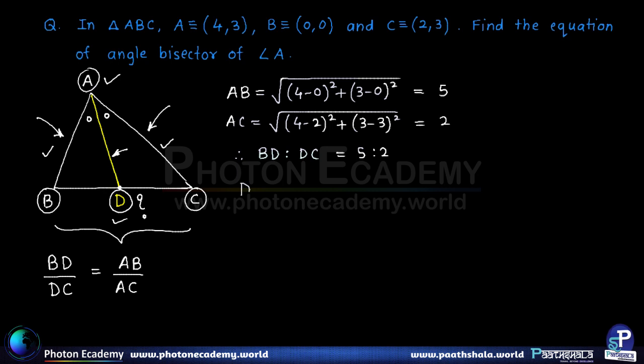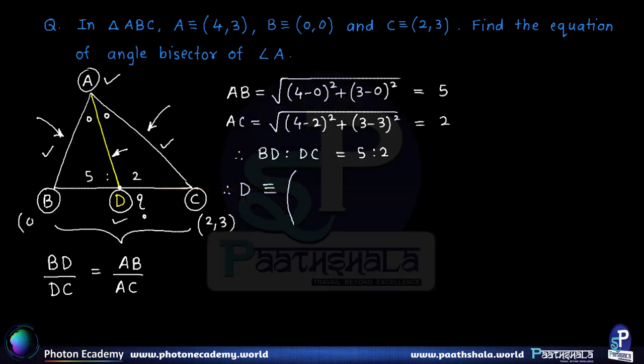So therefore it is not difficult to calculate the coordinates of point D. Right? Point D will be what? So this ratio turns out to be 5 is to 2. Right? Now point C is 2, 3 and point B is 0, 0.